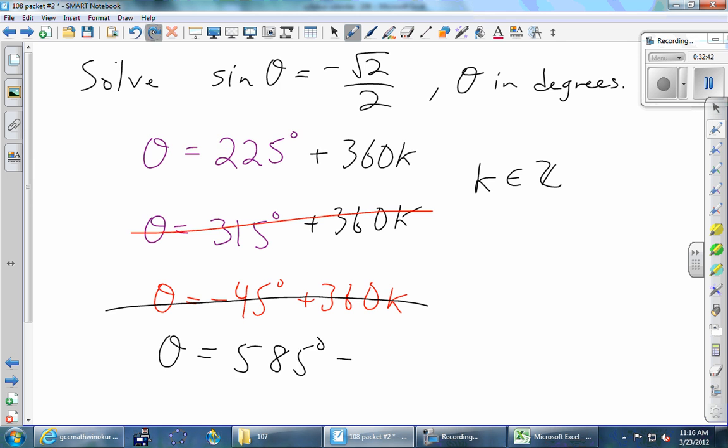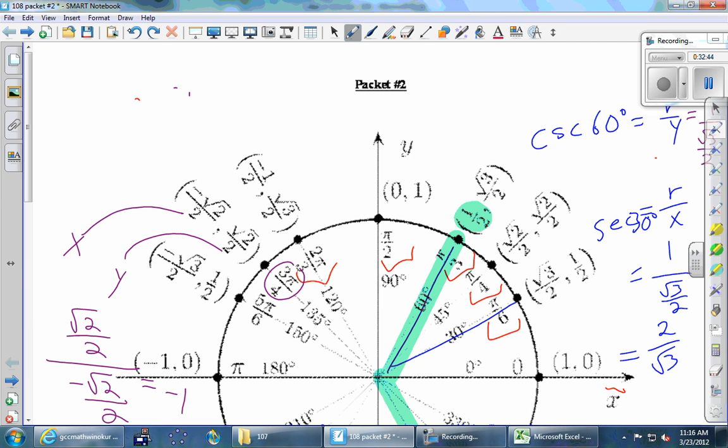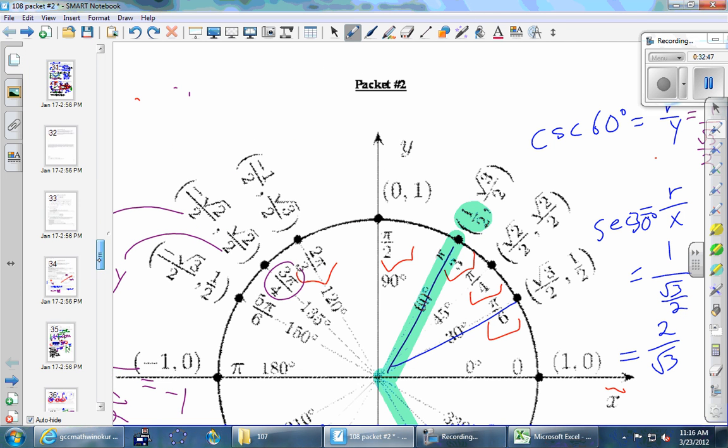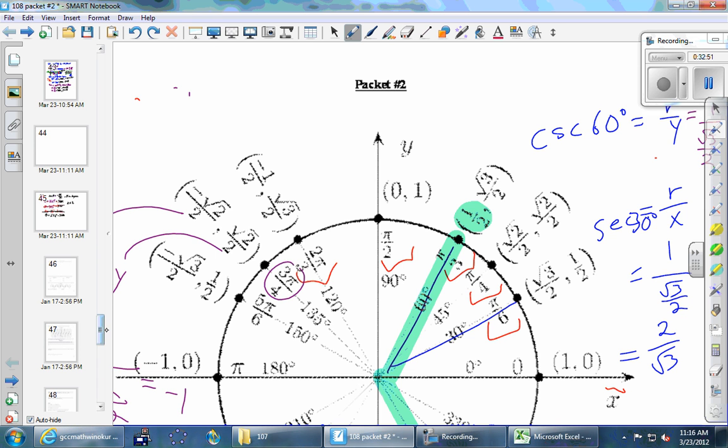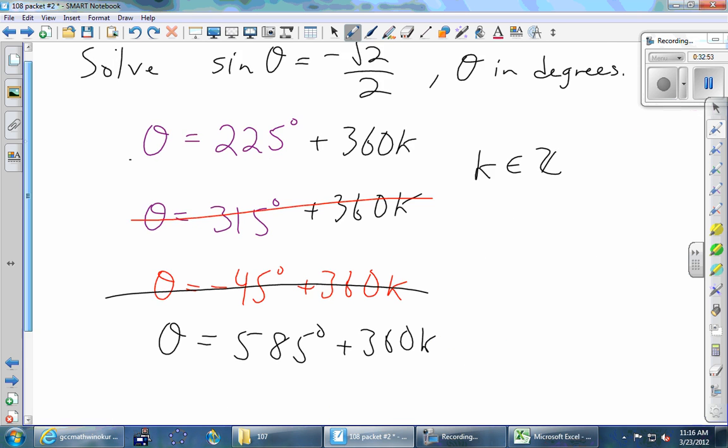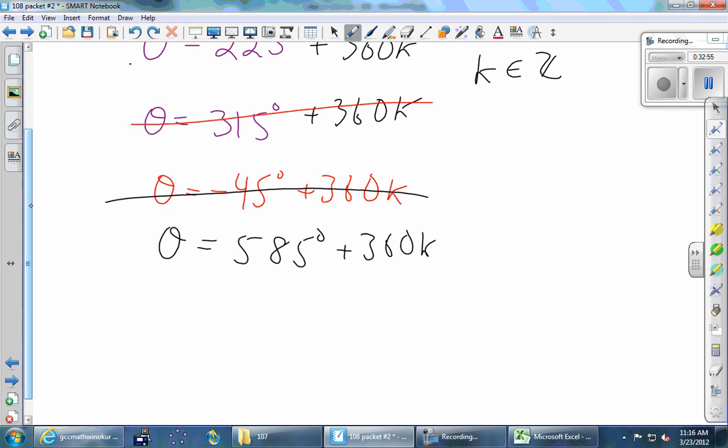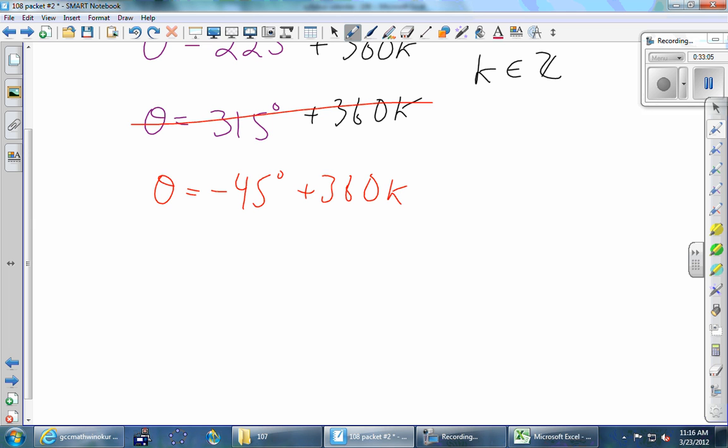So 585 plus 660 wouldn't work because it doesn't include the 225. Yeah, but k could be negative, so the negatives are built in there. Right. Okay. So all right, that's good, or the one that's crossed off.